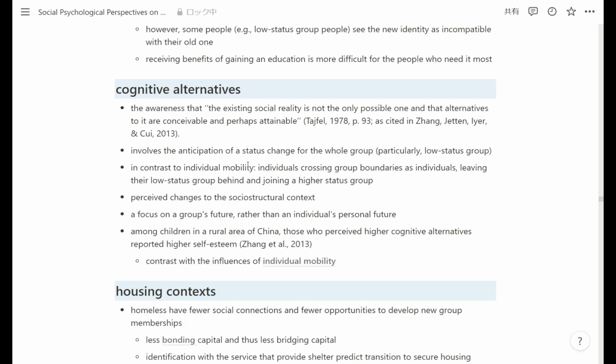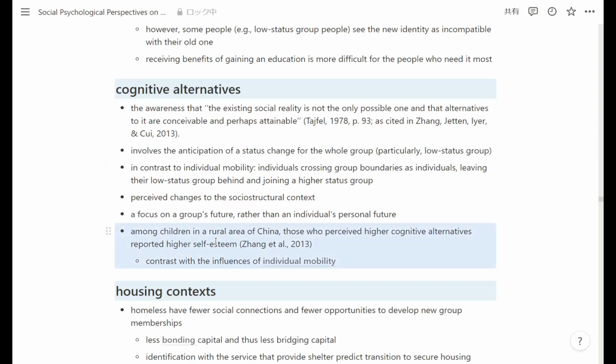So they can improve the status of their group without leaving their group. And because they do not need to leave their group, they can maintain self-continuity, and they can also enjoy the improved status of their group. Okay, so unlike individual mobility, I think there are a lot of good aspects about these cognitive alternatives or collective mobility.